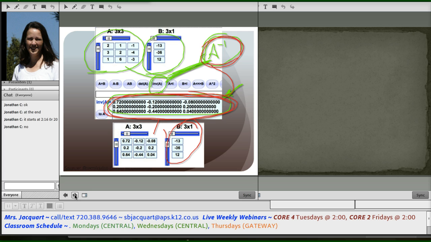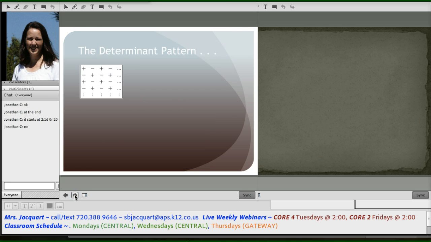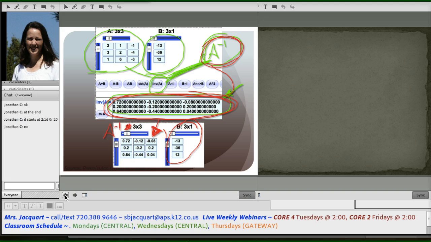This A actually is my A inverse. It's not A, it's A inverse. And when I multiply those two together, oh, I didn't put the answer. That was dumb.